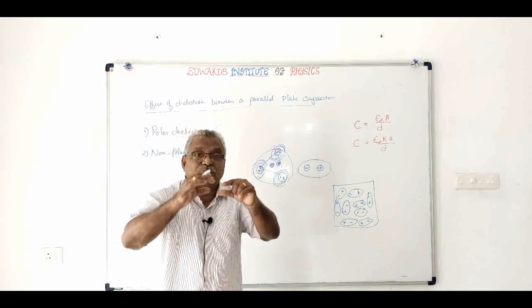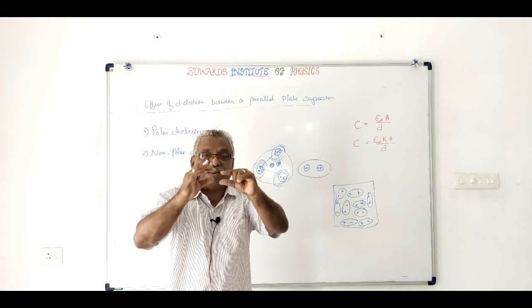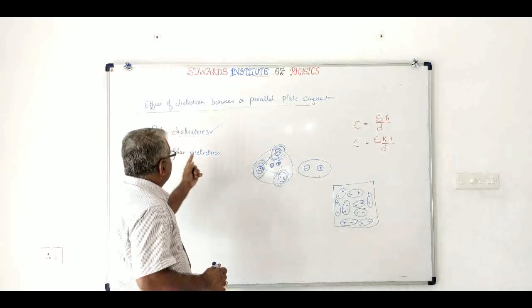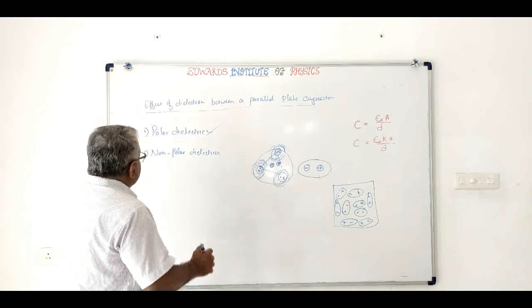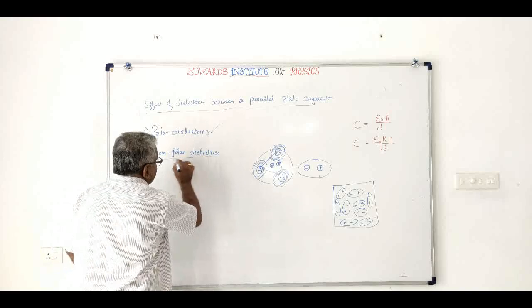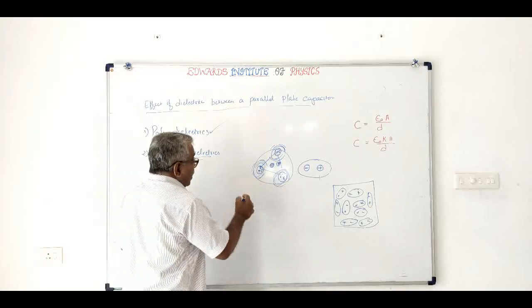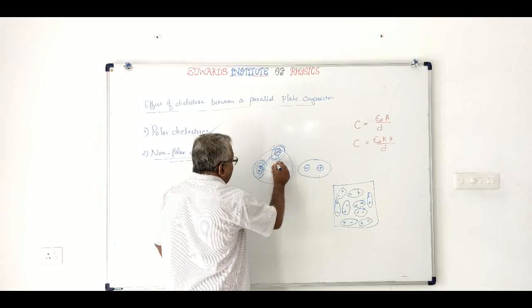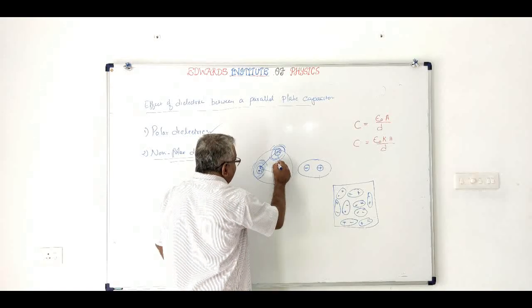So all the molecules will behave as a dipole, and it will have a dipole moment. That is called polar dielectrics. There are also non-polar dielectrics. In non-polar dielectrics, the center of the positive charge and the center of the negative charge will coincide.